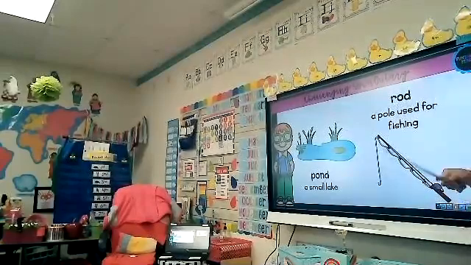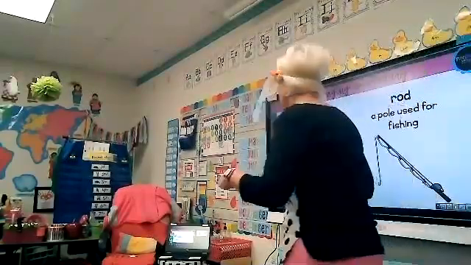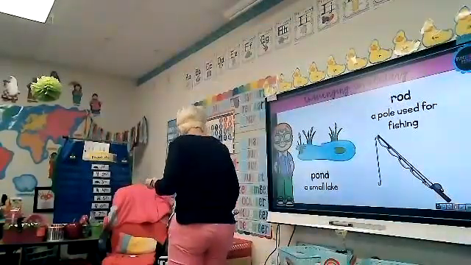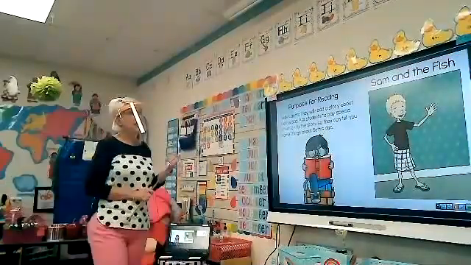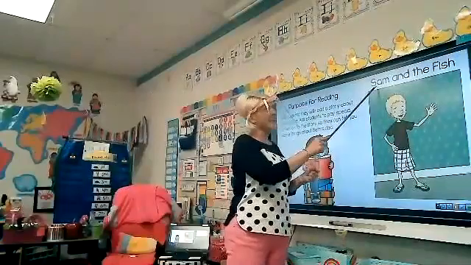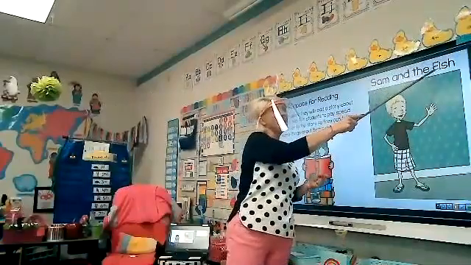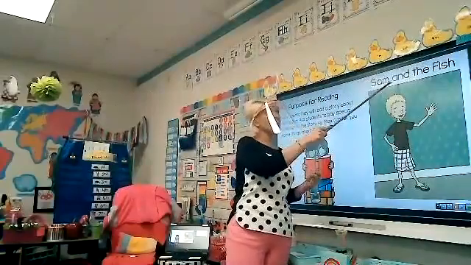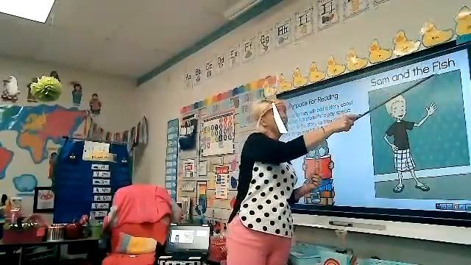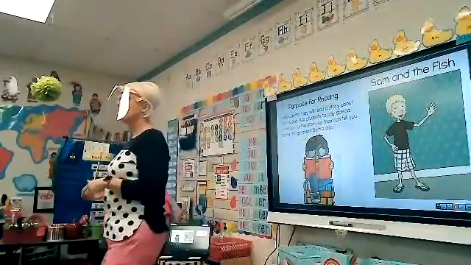So those are some of the vocabulary that you are going to see in this story. All right. In just a moment, we're going to read the story called Sam and the Fish. Let's read that title together. Sam and the Fish. Good.